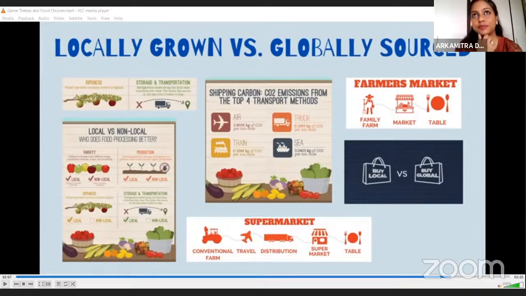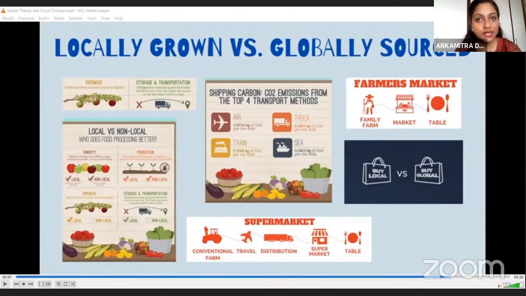Another reason why local produce is good is because there aren't a lot of pesticides that are required, because you're not producing in bulk, and it helps the local community. If you look at the economics of it, then buying locally reinvests your money into the local economy. So people are better off, people could be getting more jobs in the local markets.